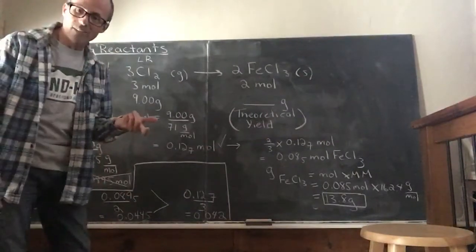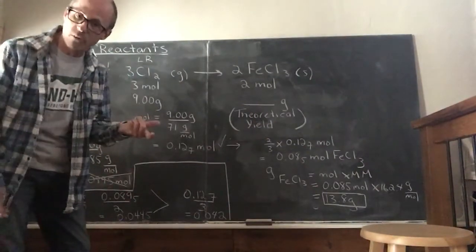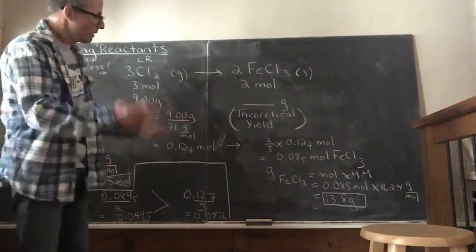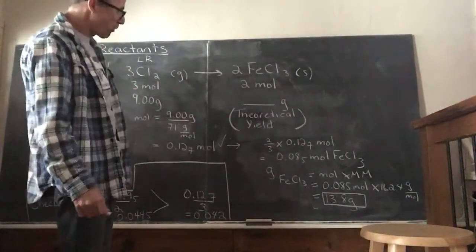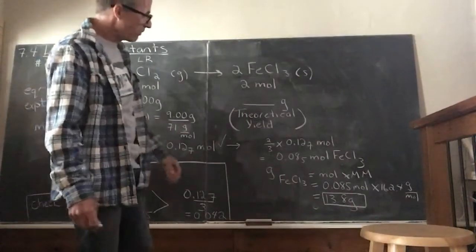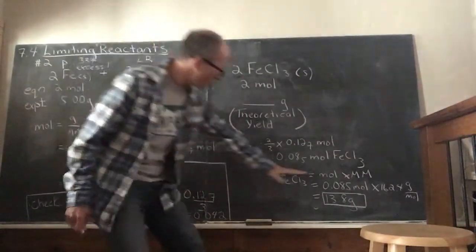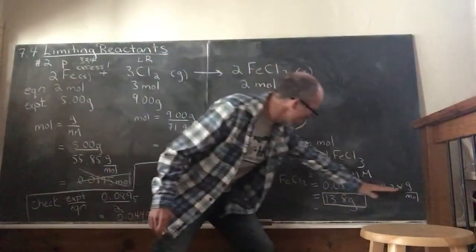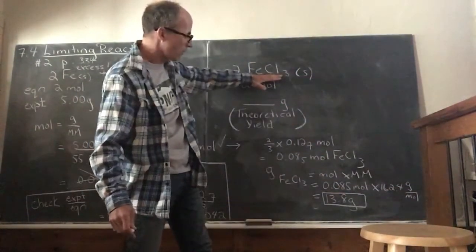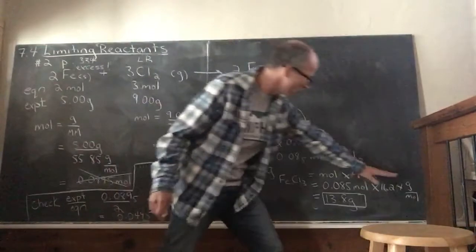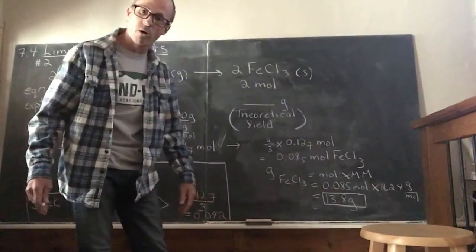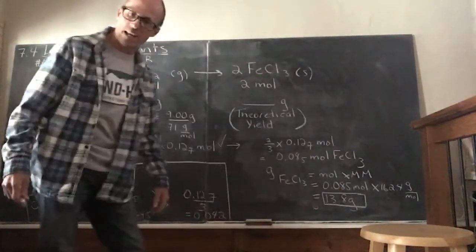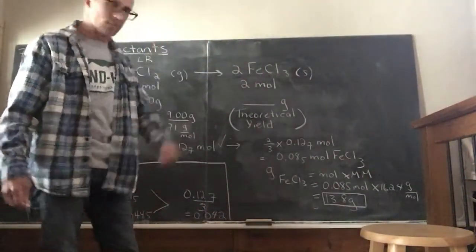That doesn't mean a lot to a chemist until we convert it to grams, because our balance is weighed in grams, as you know. And we use our mole triangle at the very end, and we can figure out quite easily that 0.085 moles of iron 3 chloride times the molar mass of FeCl3, which is 162.4 grams per mole, gives us 13.8 grams of product.